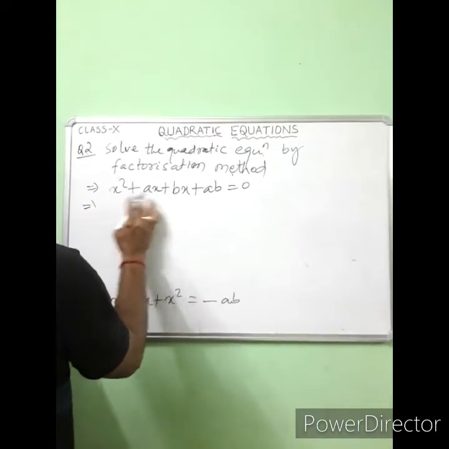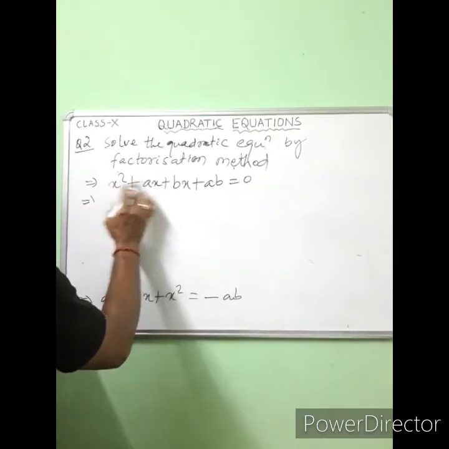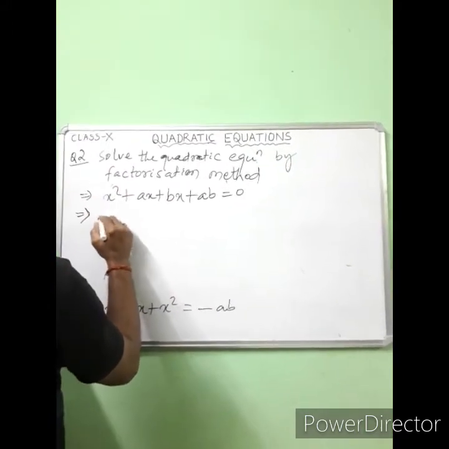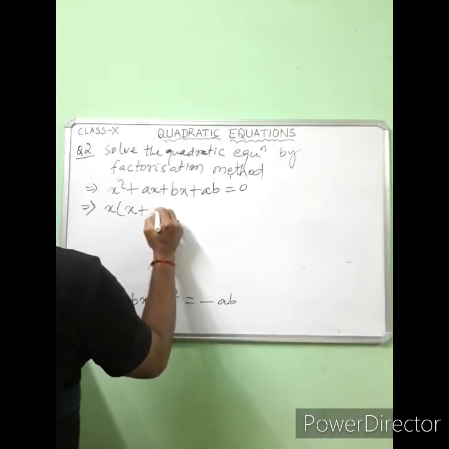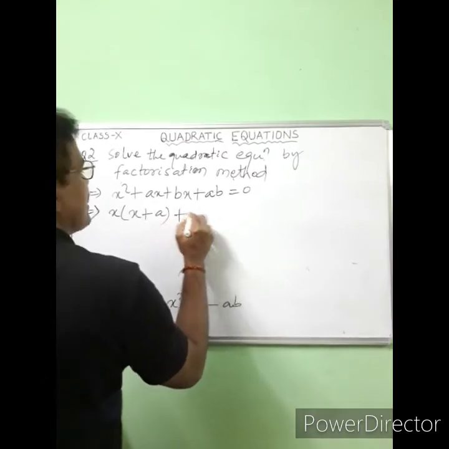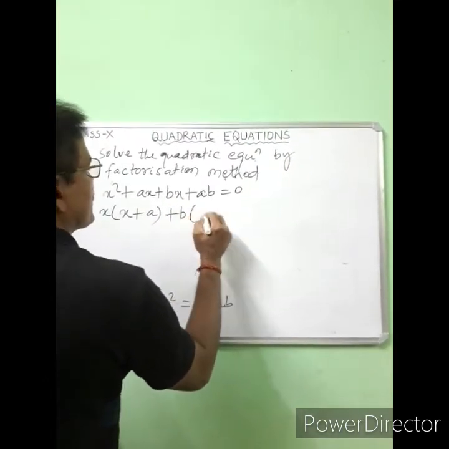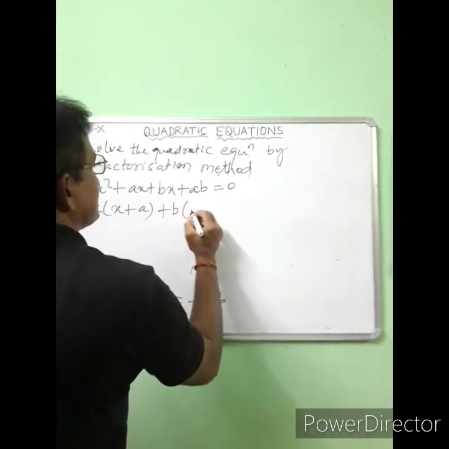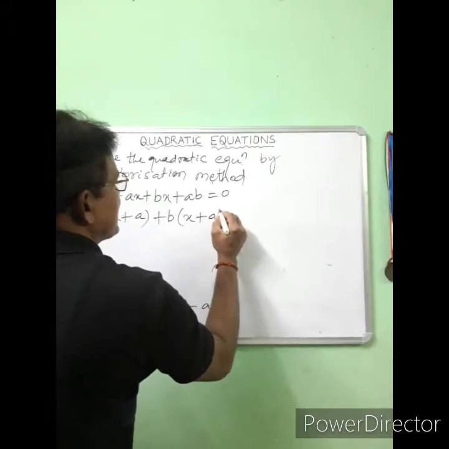Now among the first two terms, x is taken as common. So this implies x, and the remaining is (x plus a). Among the other two terms, b is taken as common, so the remaining is b (x plus a). Clear?